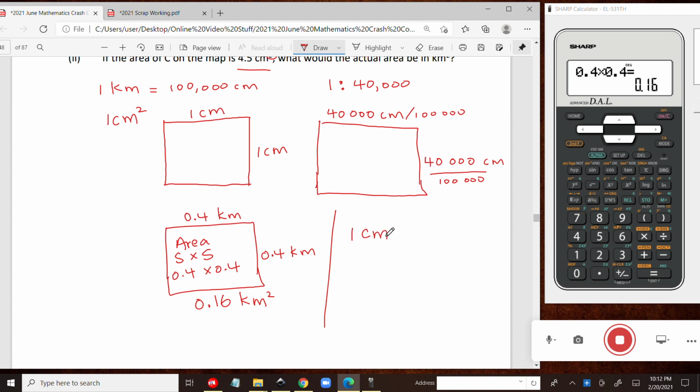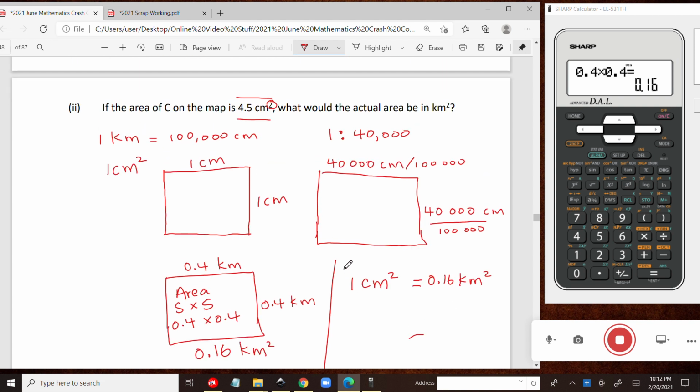So you know what this really means? 1 centimeter squared on the map is equal to 0.16 kilometers squared. Remember, in this question, we have 4.5.